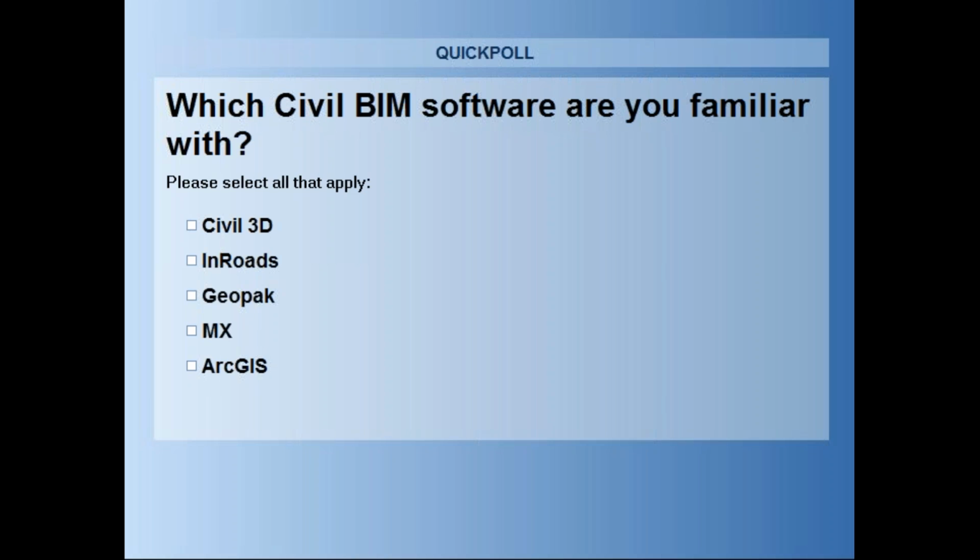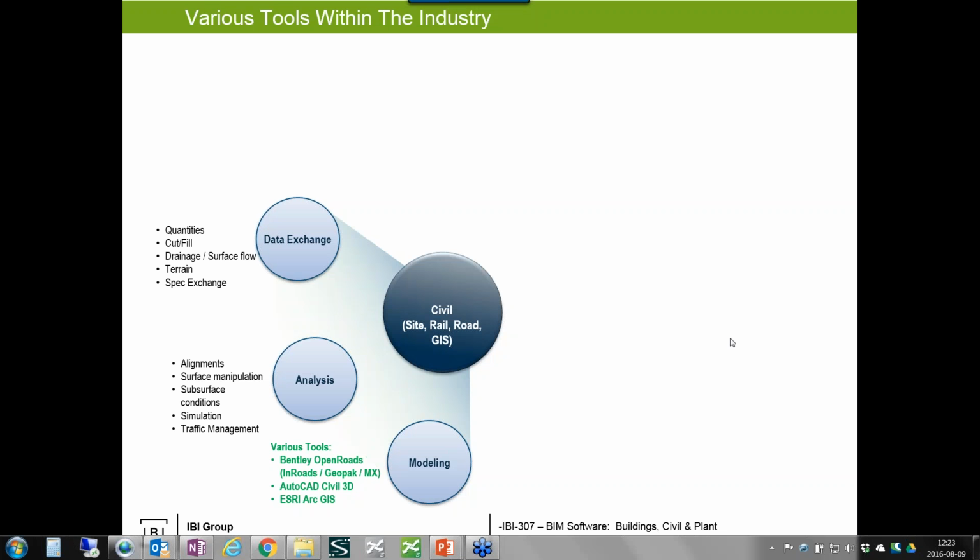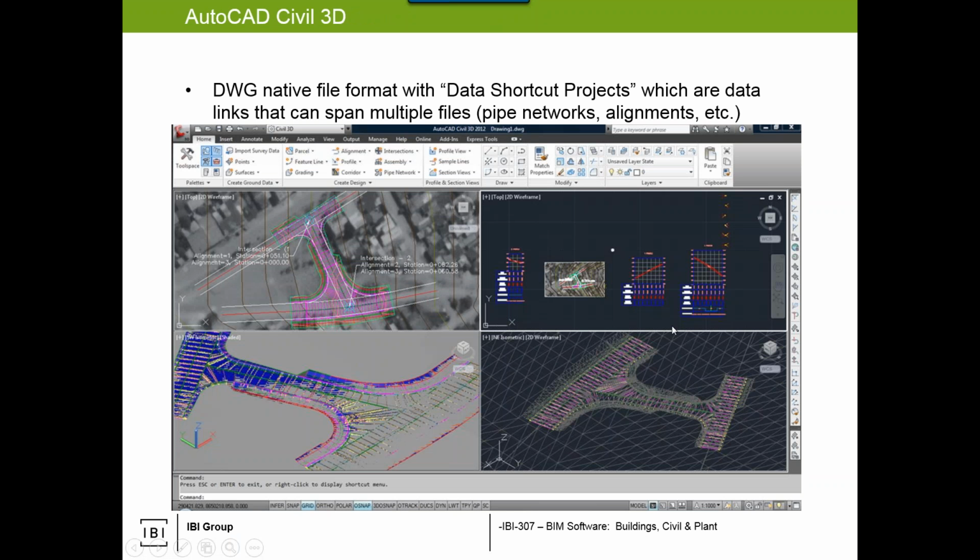Okay, a couple more seconds for it to die down. So as I expected, 80% of respondents have heard of Civil 3D, 18% InRoads, 11% Geopack, 47% ArcGIS, which is great, and then 2% MX, which I didn't think there was going to be a big take-in on that. So that's cool. Okay, let me close that, and we'll go on.